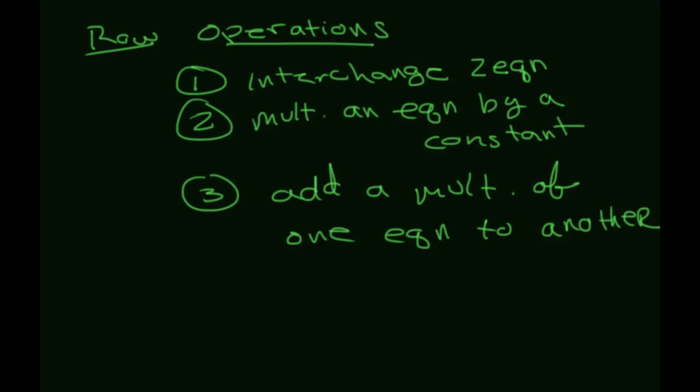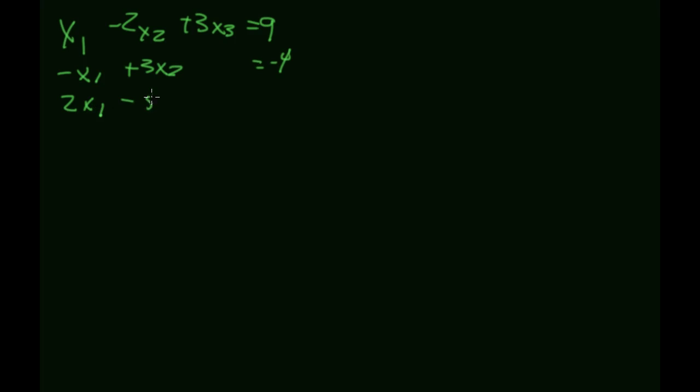Okay, so let's give an example of this. Let's start with the system x1 minus 2x2 plus 3x3 is equal to 9. Negative x1 plus 3x2 is equal to negative 4. And 2x1 minus 5x2 plus 5x3 is equal to 17.